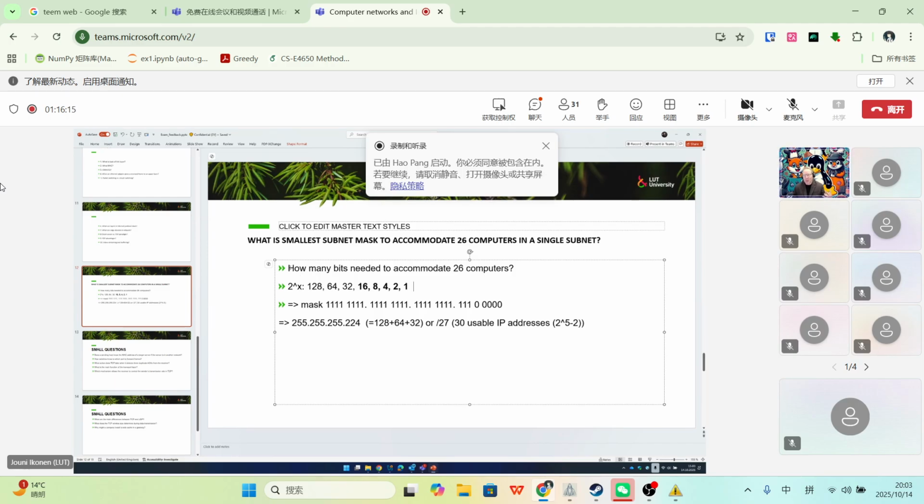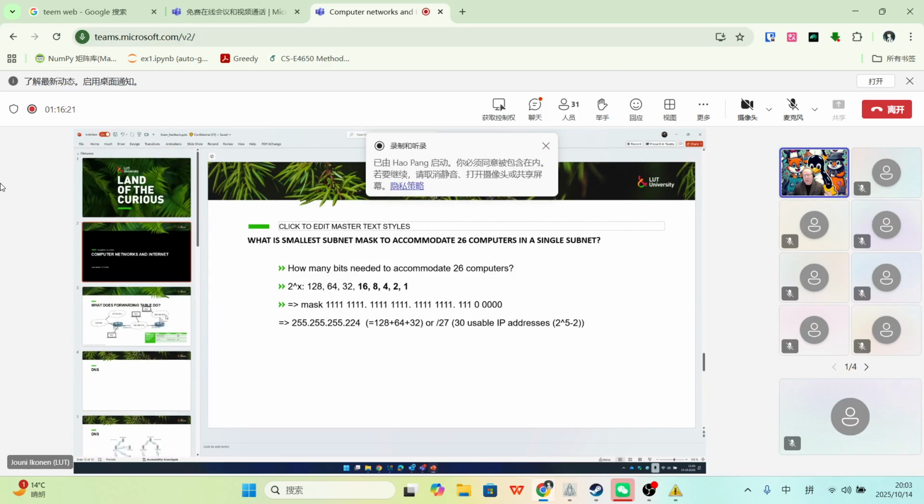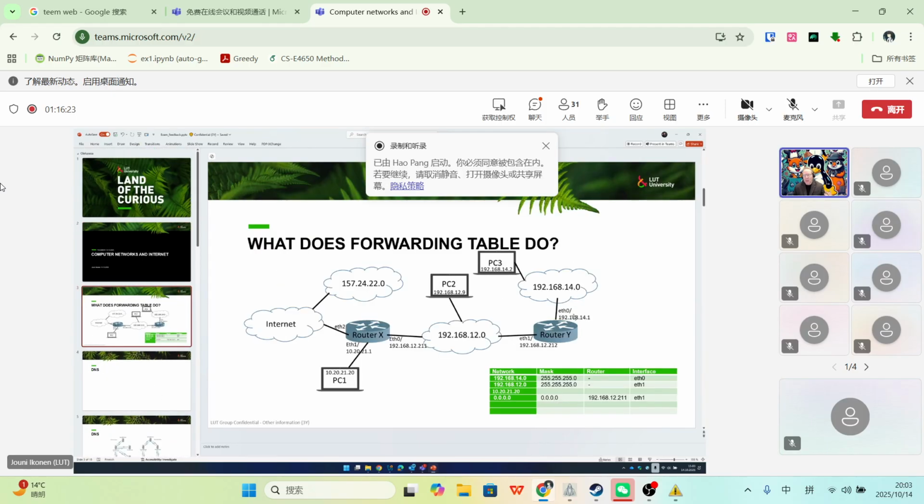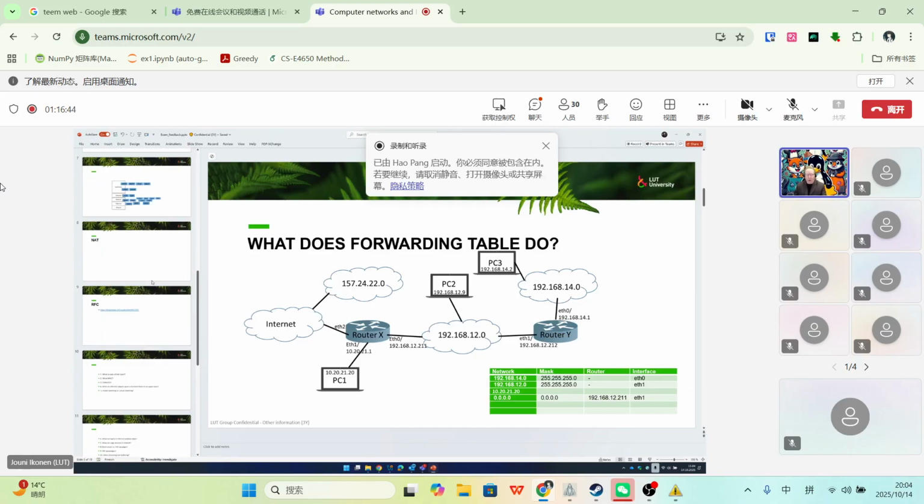So if the question is how many bits we need to accommodate 26 computers, all right, very good question. In this network, one address is reserved for the router here. So if I said 250 computers, I basically meant that router is one of them, but that's good to take into account also.